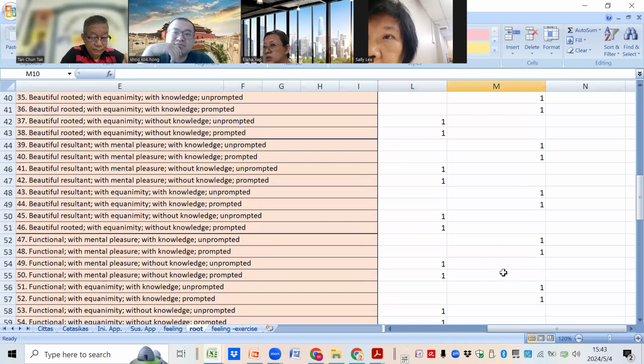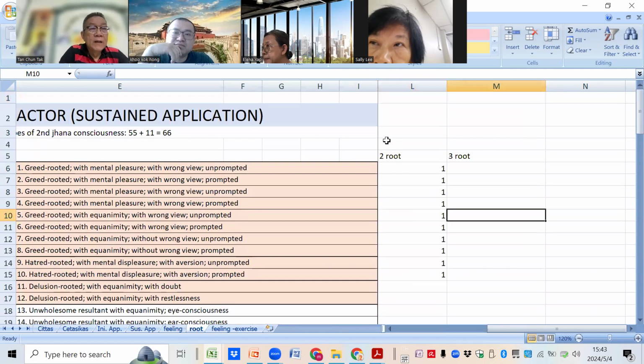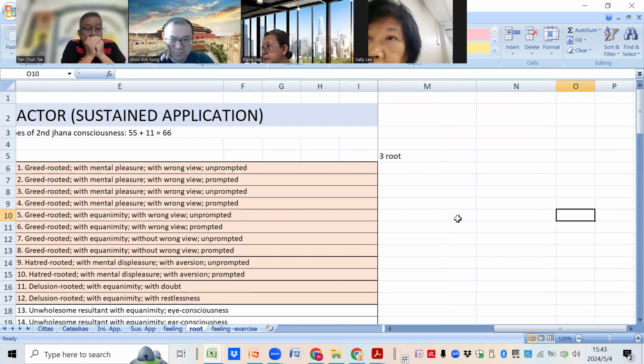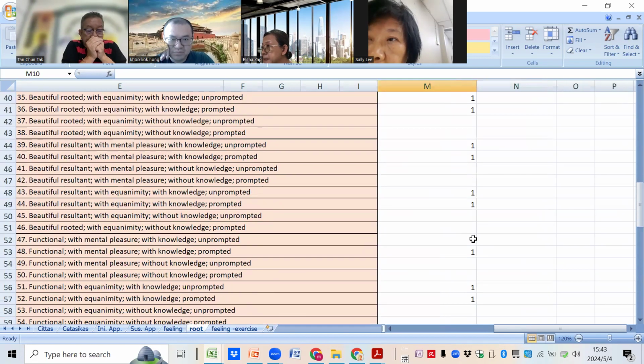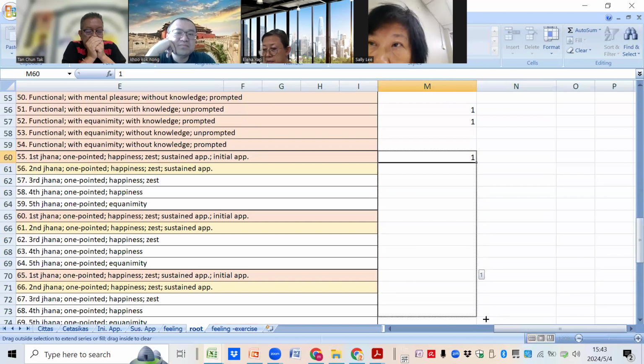The three root here is actually correct, but later on I shifted to here already. Okay, never mind. Class, let me try to adjust it again. I think this three root is supposed to be correct. Three root here, okay. So from here, the first jhana starts until the ending here.